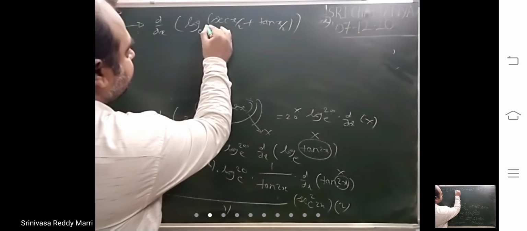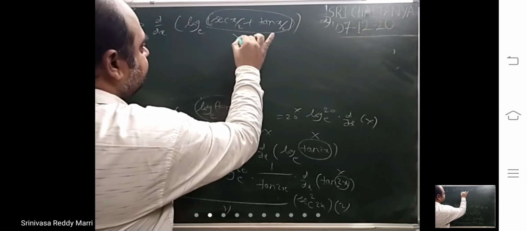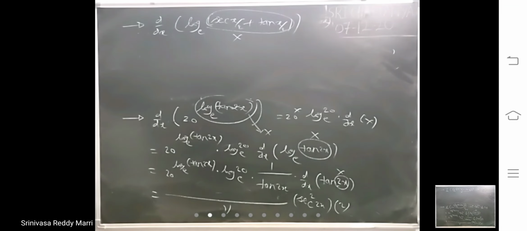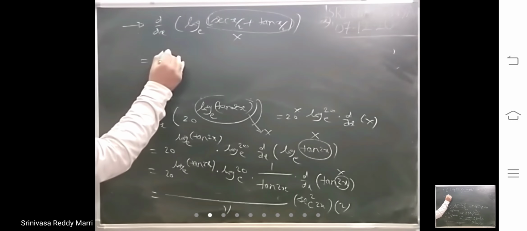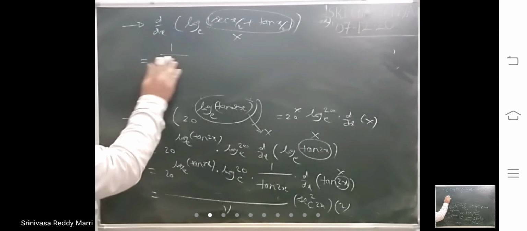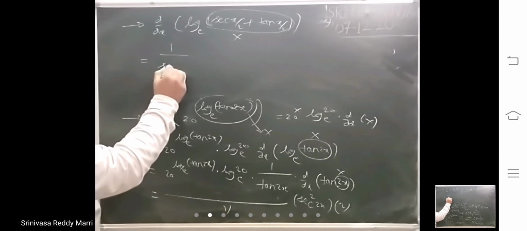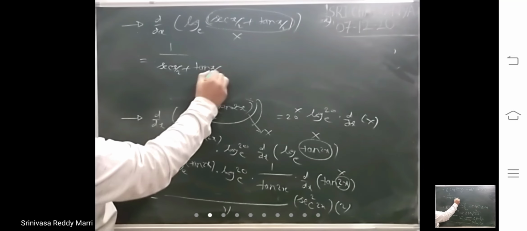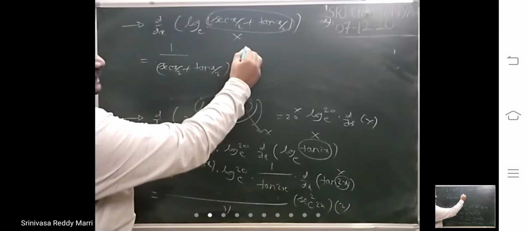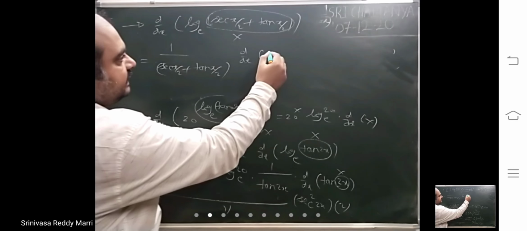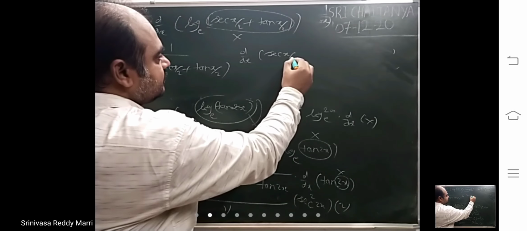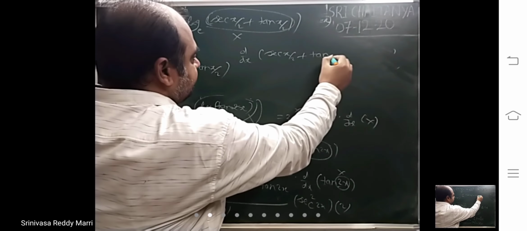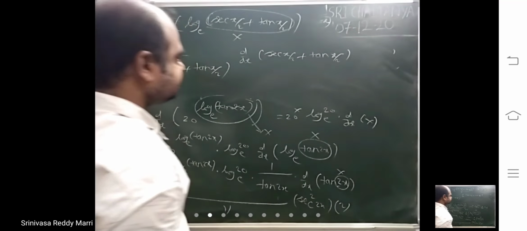Take this one. First rule is important. This completely you treat as capital X. So log x to the base e, 1 by capital X, directly I am writing it. 1 by capital X into d by dx of secant x by 2 plus tan x by 2.